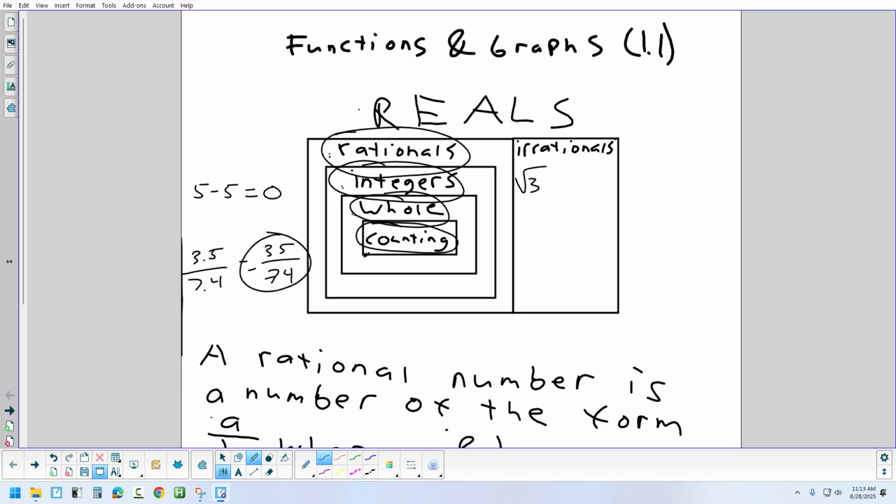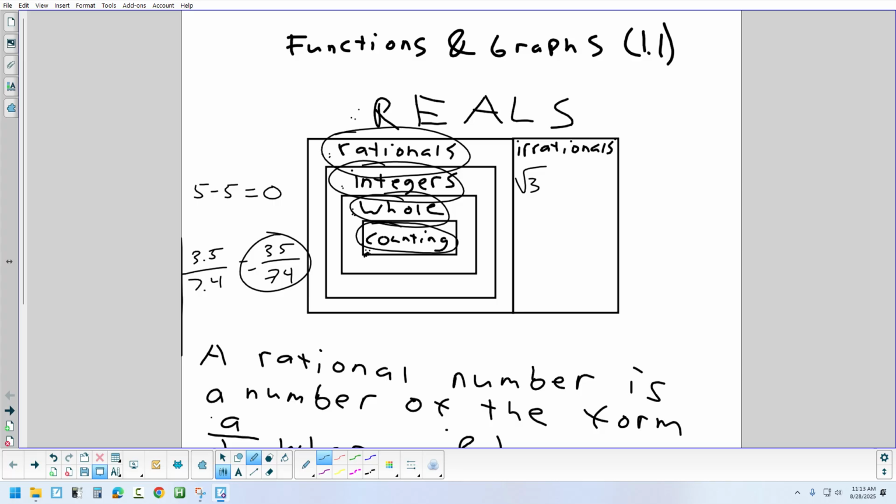Yeah, that works. If you're in Massachusetts, are you automatically in Boston? No. So if you are a counting number, you are automatically a whole number. But if you're a whole number, you're not automatically a counting number. If you're on Earth, are you automatically in Boston? No. But if you're in Boston, then yes, you're automatically on Earth.